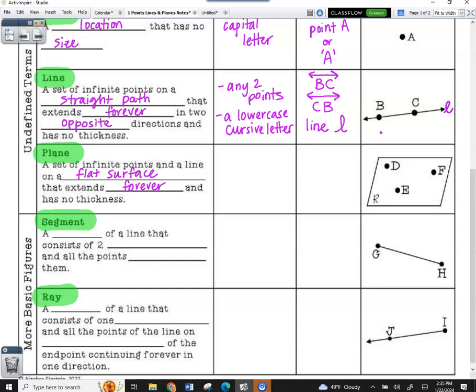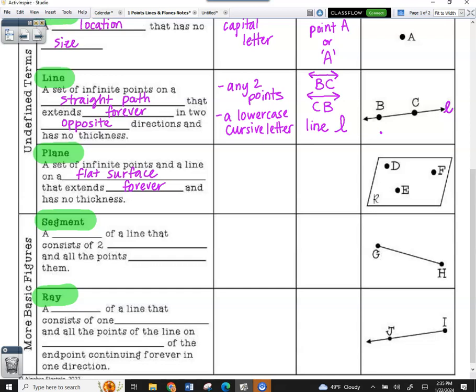The hard part about a plane is when we draw a plane on paper, we have to put edges on it. But a plane in real space has no edges. That's what makes planes difficult.